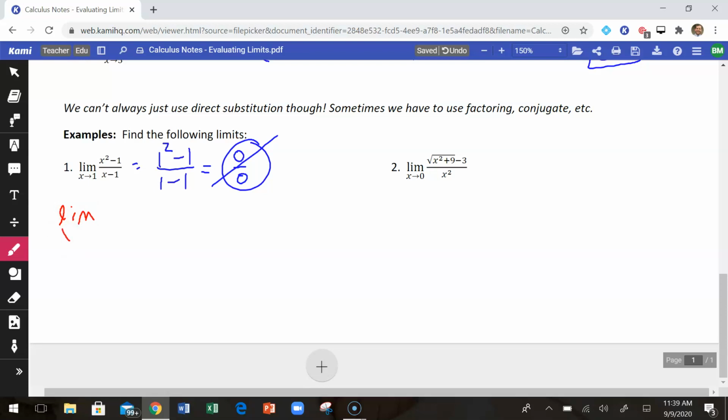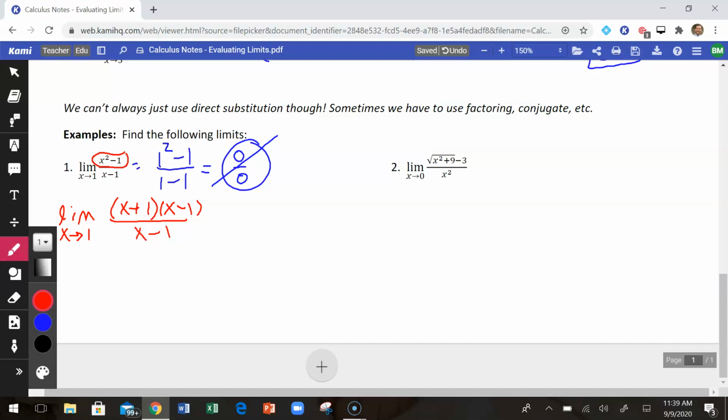So I'm going to rewrite this as the limit as x approaches 1, and the top is something I can factor in this case. So I'm going to factor x squared minus 1 into x plus 1 times x minus 1. That's a difference of squares there. So factoring is a technique that you can use to help you. And the idea is, why could I not just plug in 1?